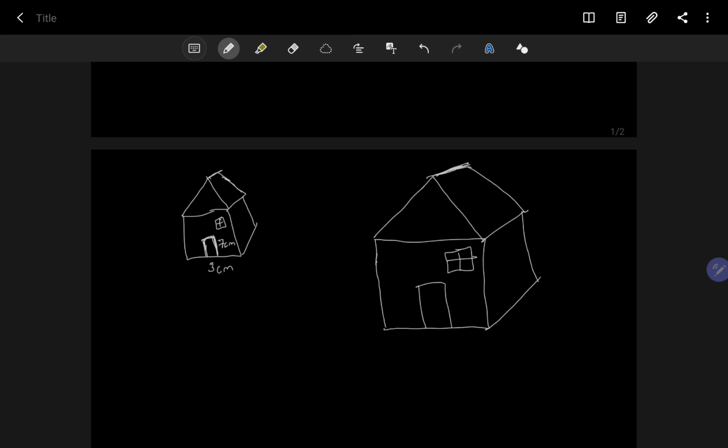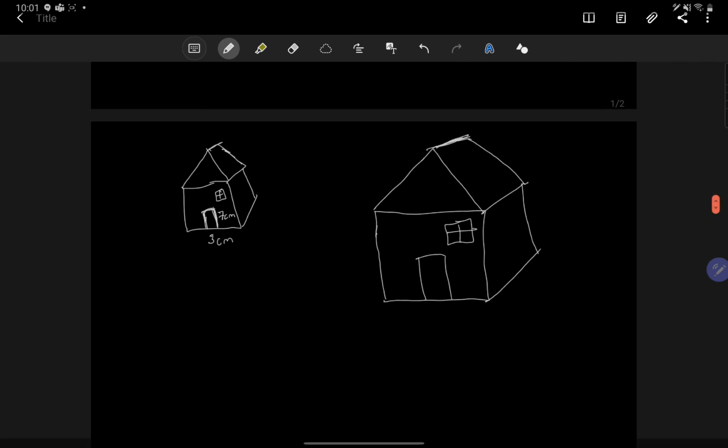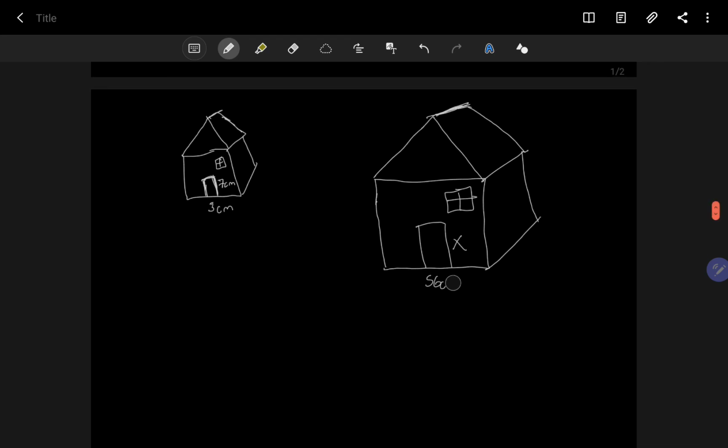So if I know this is 3, this is 7, and I tell you the actual width is about 56 centimeters, I need to find out the actual height, so I can just set that as X. We want to find this unknown.